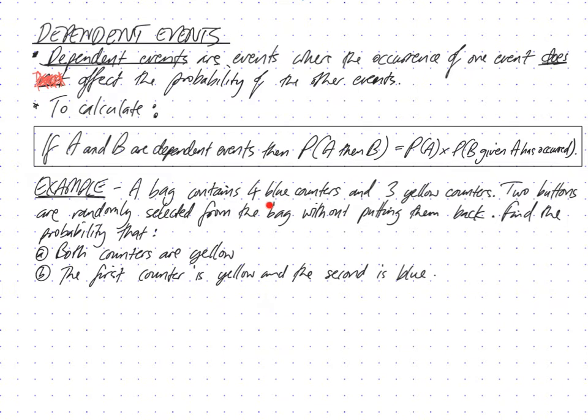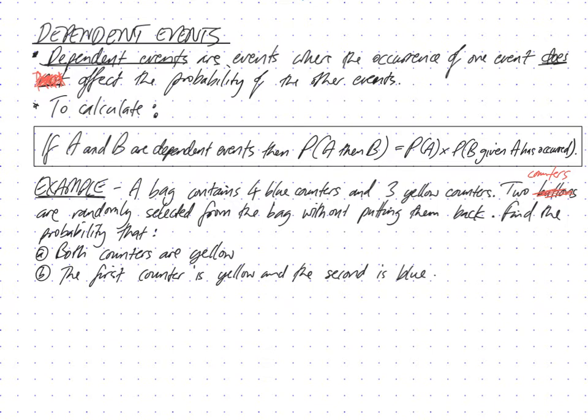A bag contains 4 blue counters and 3 yellow counters. 2 counters are randomly selected from the bag without putting them back. A: find the probability that both counters are yellow, and B: the first counter is yellow and the second counter is blue.